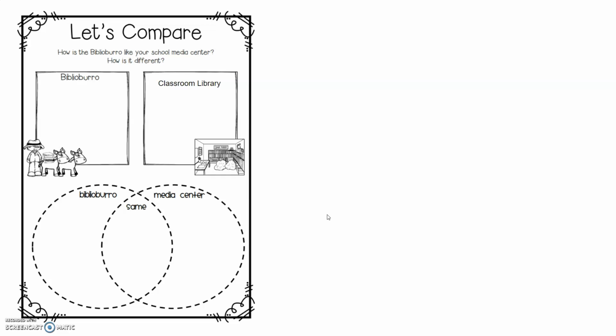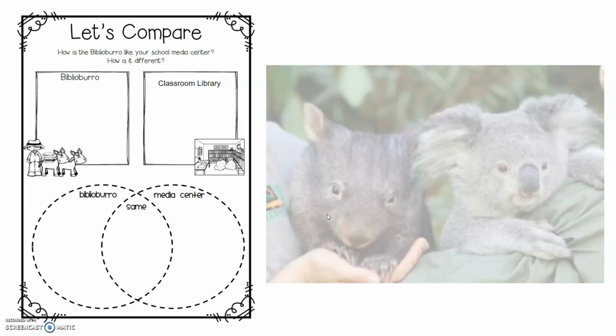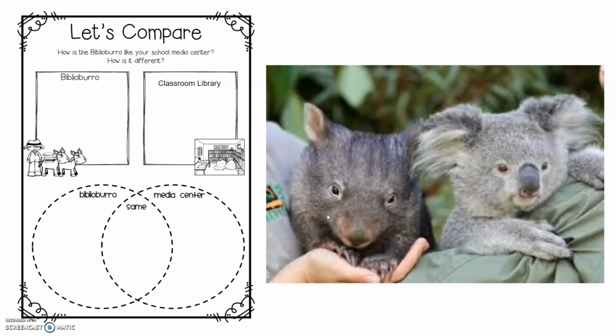Now remember, we've done several things about this. We've compared wombats to koalas. We compared how they are each different and then some of the things that make them the same.